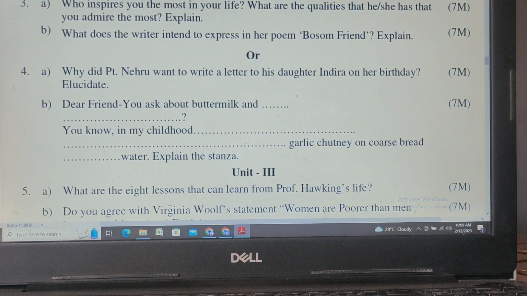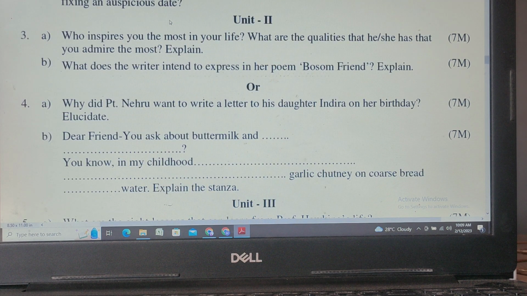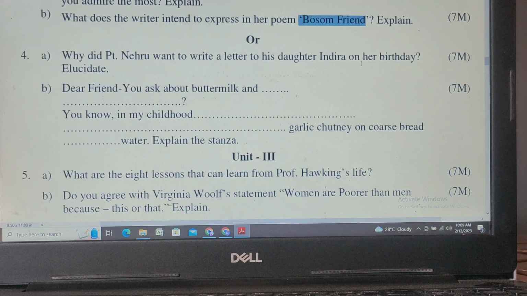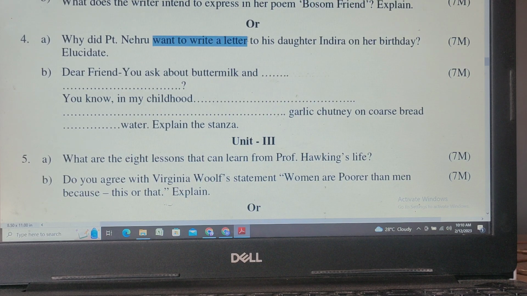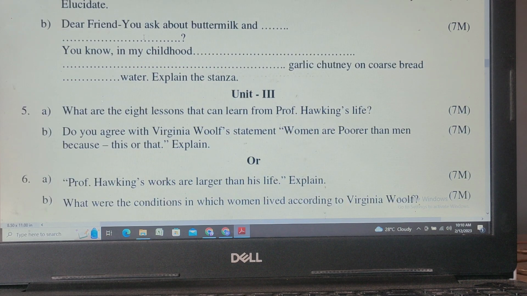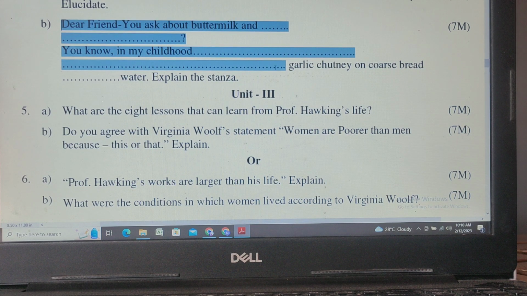Unit 2 is: who inspires you the most in your life, and what are the qualities that you admire the most. This is Jawaharlal Nehru's letter, and this is Bosom Friend, one and the same. This is again the letter, the other combination, and this is Dear Friend, you asked about Bosom Friend. So you are just explaining this stanza, it's again Bosom Friend, same.